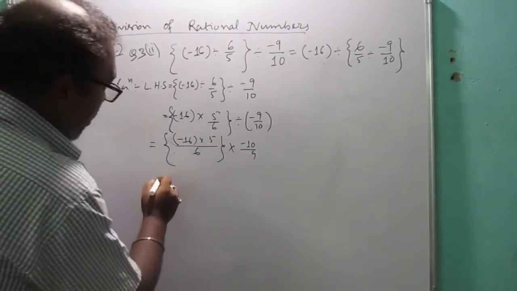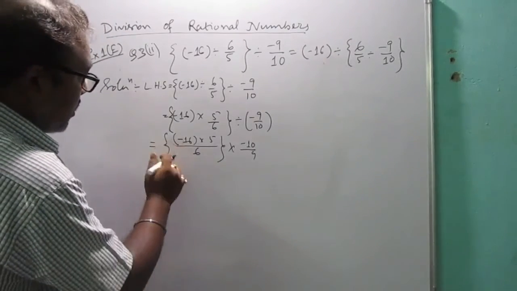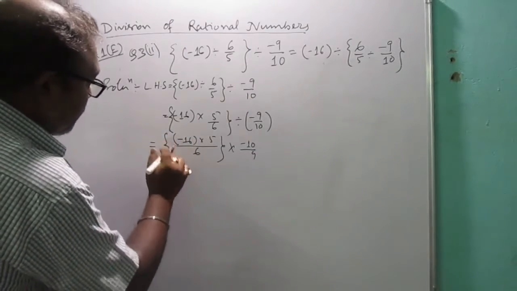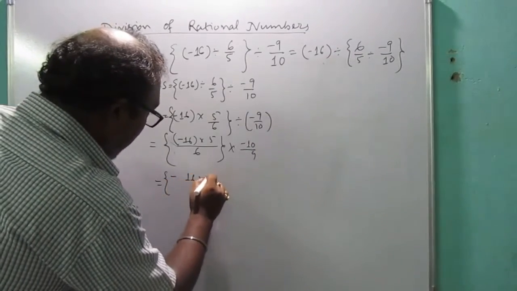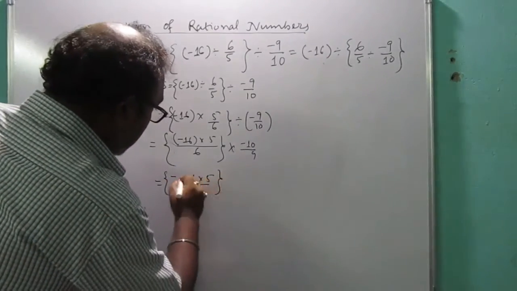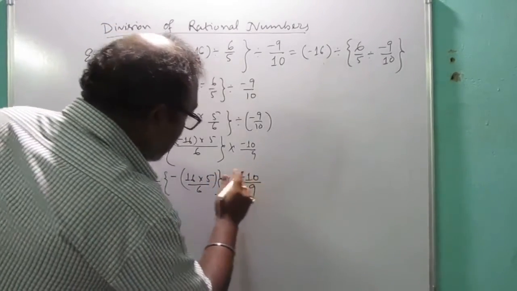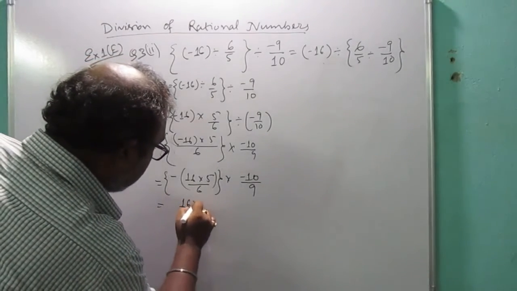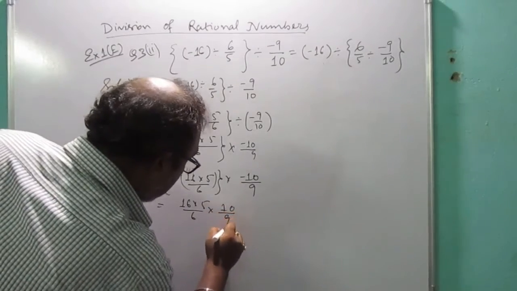Okay, so now this part here is minus. So minus 16 into 5 by 6 into minus 10 by 9. This minus and this minus will become plus. So ultimately 16 into 5 by 6 into 10 by 9.